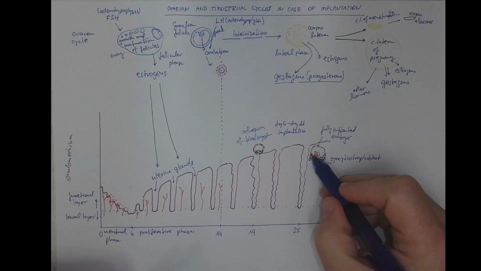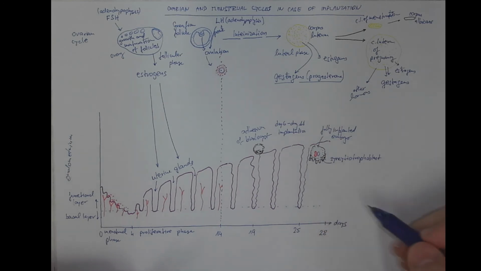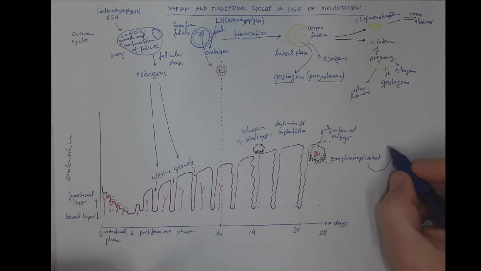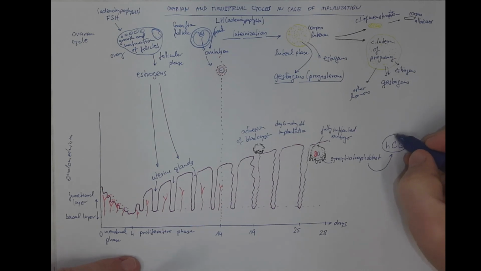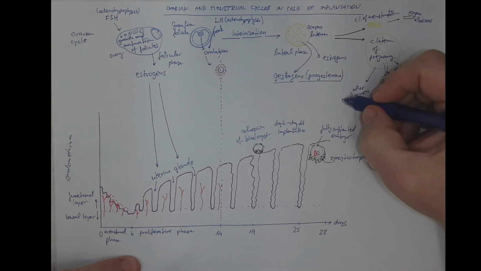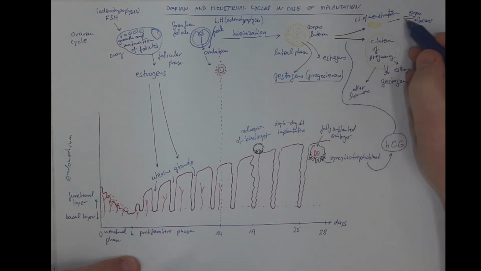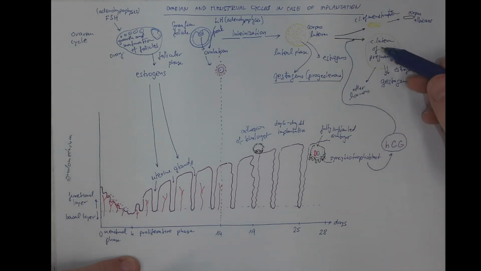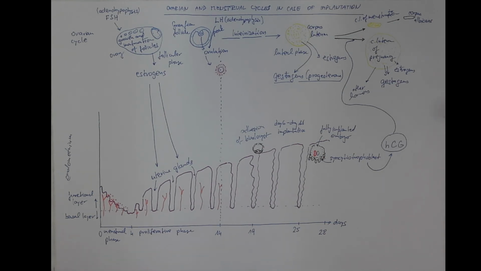That is the leading edge of the invading embryo during the implantation, and this is producing, among others, an important hormone called HCG, which stands for human chorionic gonadotropin, and this is the signal for corpus luteum not to die and disappear, but in opposite to grow and to become the corpus luteum of pregnancy.